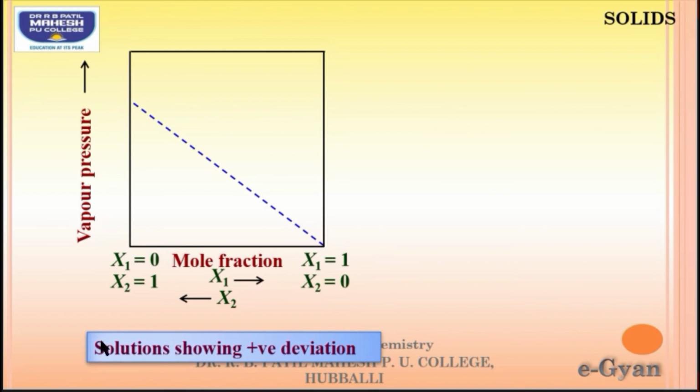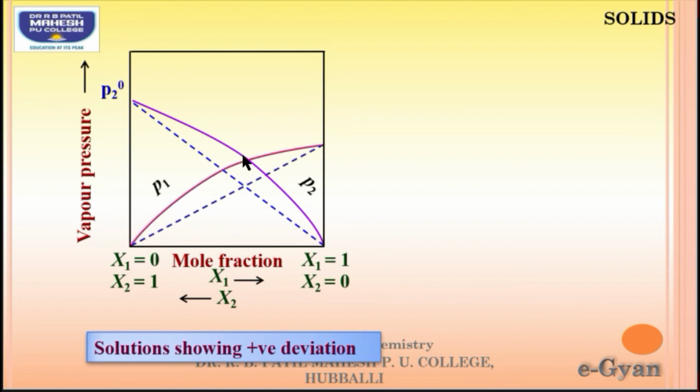But since it is having positive deviation, the vapor pressure will be slightly more than expected. Whereas for P1, again the expected line was given by the dotted line, but due to positive deviation it is showing upward, that is, it has a partial vapor pressure slightly more.